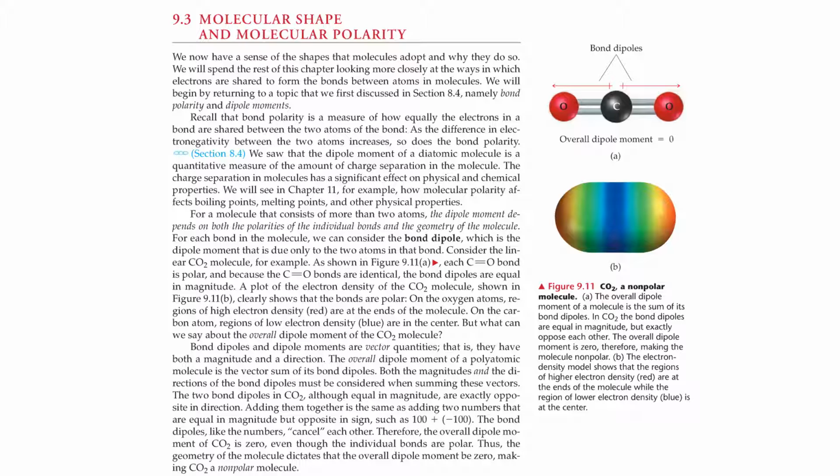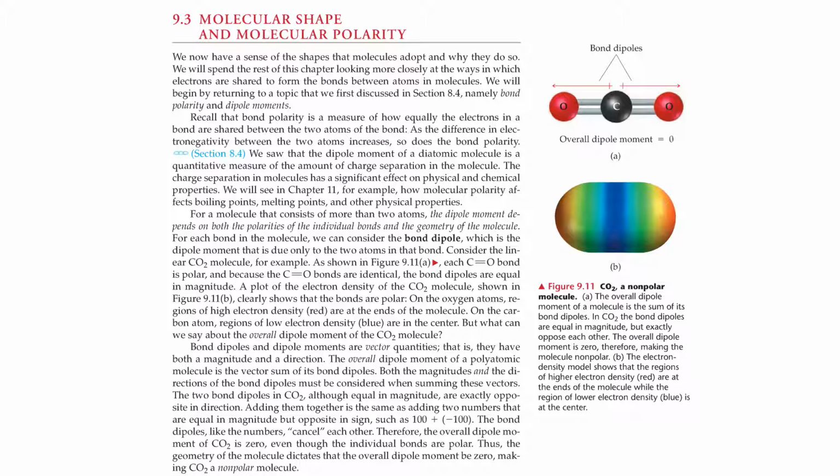For a molecule that consists of more than two atoms, the dipole moment depends on both the polarities of the individual bonds and the geometry of the molecule. For each bond in the molecule, we can consider the bond dipole, which is the dipole moment that is due only to the two atoms in that bond. Consider the linear carbon dioxide molecule, for example. As shown in Figure 9.11, each carbon-oxygen double bond is polar.